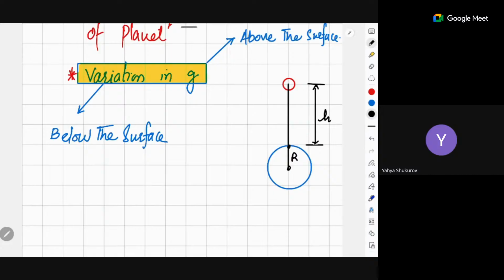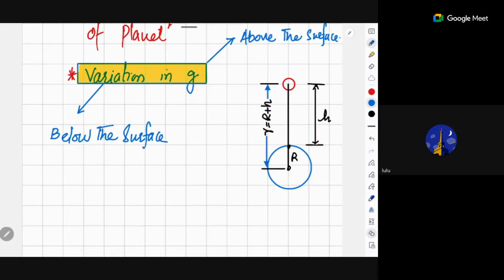That is why this separation is now equal to r, which equals capital R plus h. Is it clear or visible to you? Yes, sir. Okay. This is basically capital R plus h.